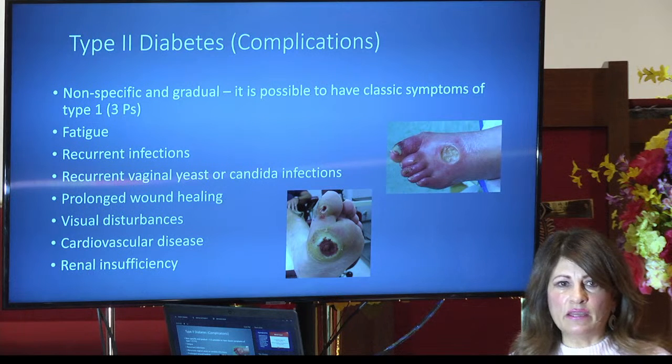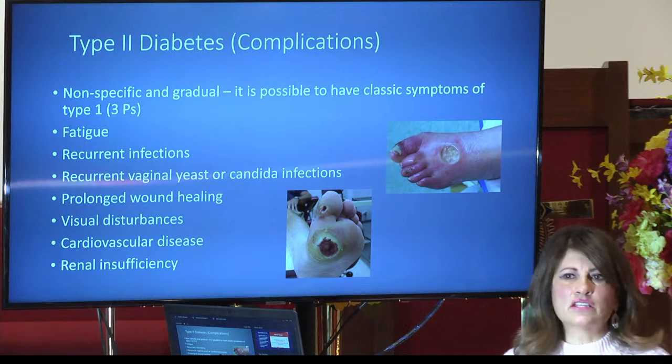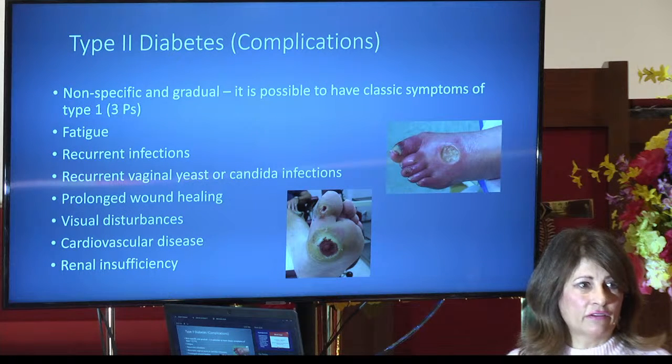Really, type 2 diabetes affects all the systems of the body. So we want to prevent. If the person has it, we want to manage, and we want to improve lifestyle.